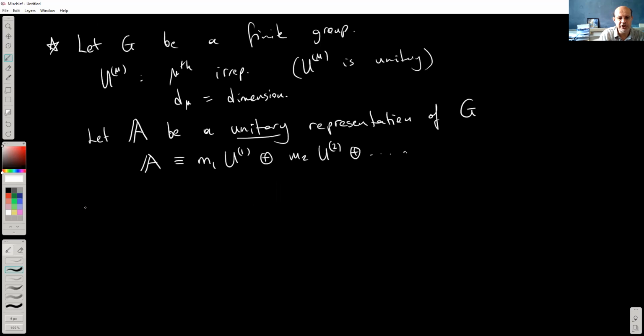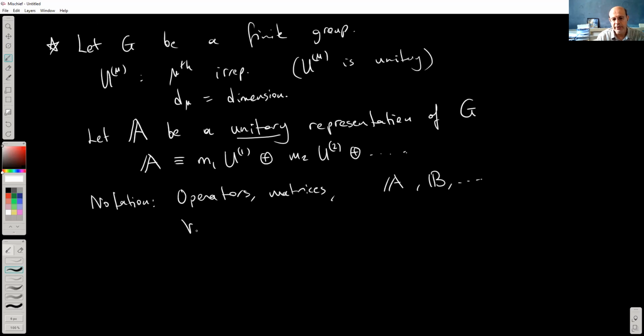So there's this definition in here. Sorry about this, I'm just going to explain the notation. Operators, matrices, and whatever, I'm going to use this notation, A, B, whatever. Vectors, I'm going to use the ket notation.